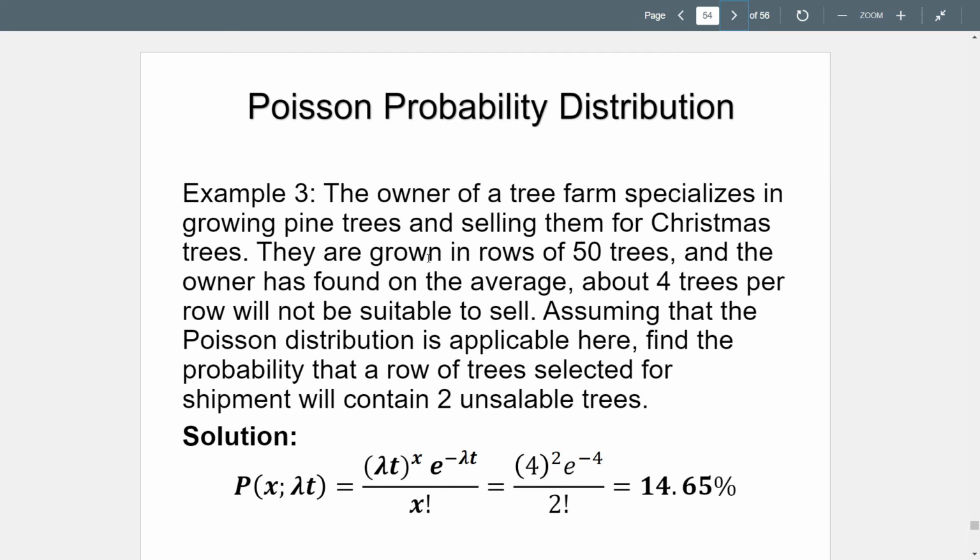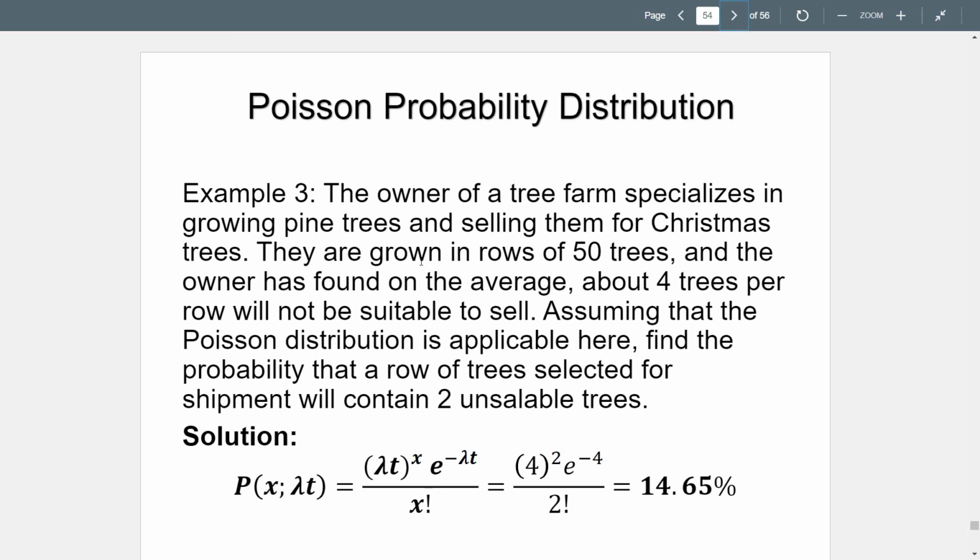How about this one? The owner of a tree farm specializes in growing pine trees and selling them for Christmas trees. They are grown in rows of 50 trees, and the owner has found on average that about 4 trees per row will not be suitable to sell. Assuming that the Poisson distribution is applicable here, find the probability that a row of trees selected for shipment will contain 2 unsaleable trees.